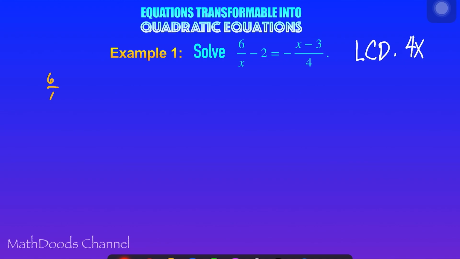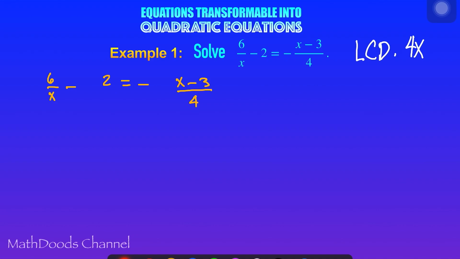Lahat ng terms. 6 over x, magbigay ng space para sa LCD. Negative x minus 3 all over 4.